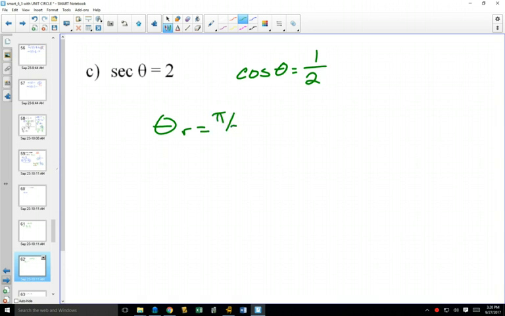That's your pi over 3 family. What quadrants will it be in? 1 and 4. So pi over 3, what's your pi over 3 family member in quadrant 4? 5 pi over 3.